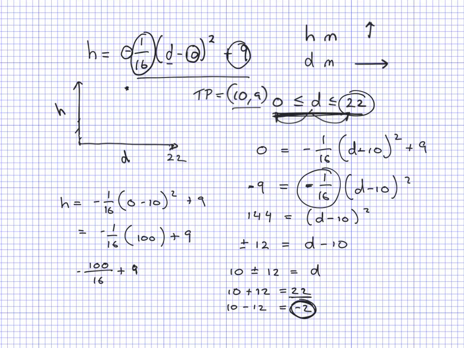Oh, now they're being tested. 100 over 16 plus 9. If we convert that into 16s, we have 144 over 16. I knew that because I did it over here. So I have 44 over 16, which I know is roughly 16, 32, 48. So it's about 2.8. Probably a bit less actually.